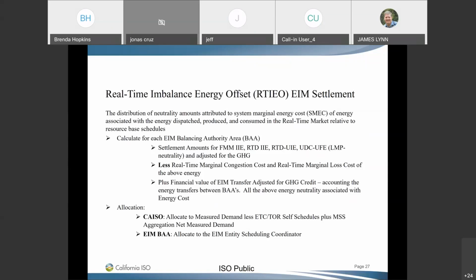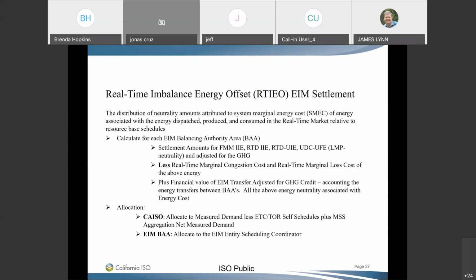Now, the third bullet in there, you guys don't have to worry about because you're within California. But if you were in Nevada or Arizona, I would also have to account for the fact that that ETSR could have greenhouse gas associated with it.